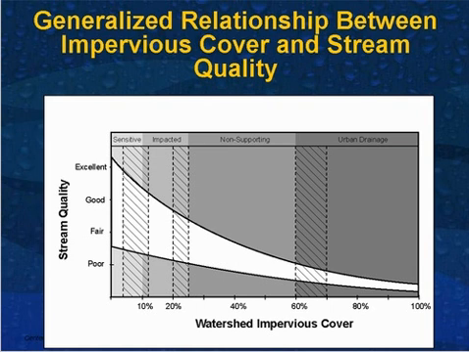Depending on the nature of the stream, the watershed, the rainfall patterns, soil types, and all that stuff, this is going to vary. So it's not an absolute number for every watershed. I want to caution people. But this is just to get across the idea that this relationship does exist. And then as we move farther and farther out with impervious cover, we essentially start changing streams into drainage ways. And that's something that we want to try to avoid in the stormwater program.